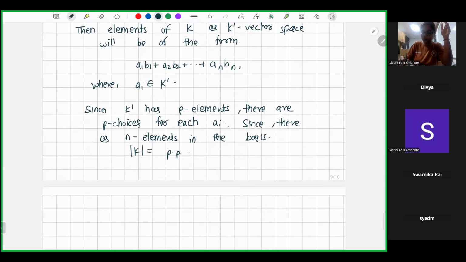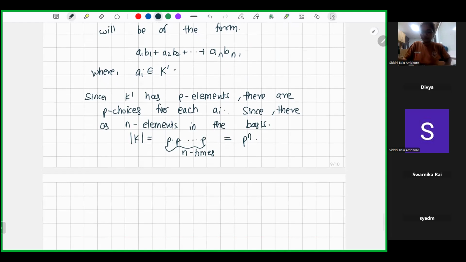So this P into P, this will be N times. And this is precisely P power N here. The P choices. So yeah, P elements. This P is cardinality of K dash.